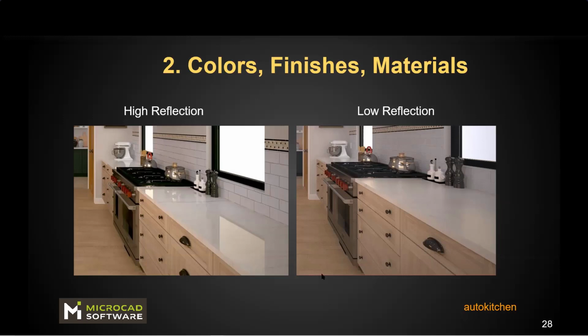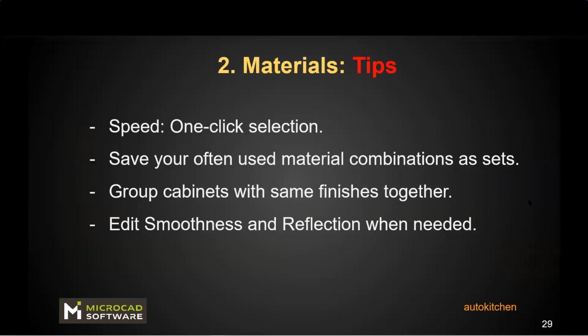So in terms of the tips or things to keep in mind when considering the material application, one is the use of the one-click selection as much as possible, because it will give you speed. It's also the idea of saving those often-used material combinations so that you don't have to reinvent the wheel every time.